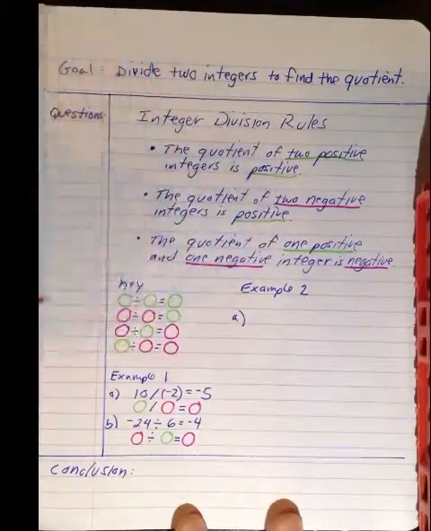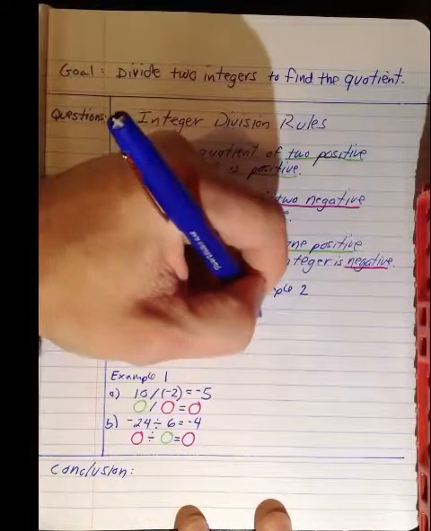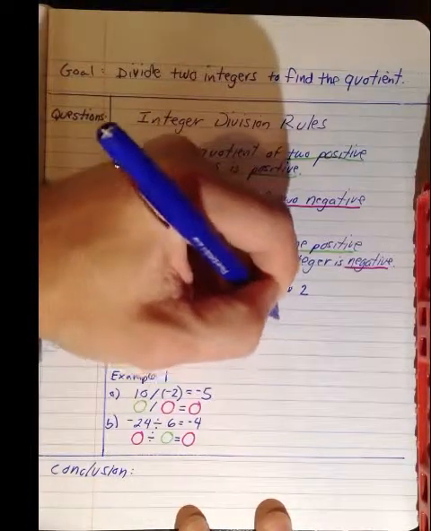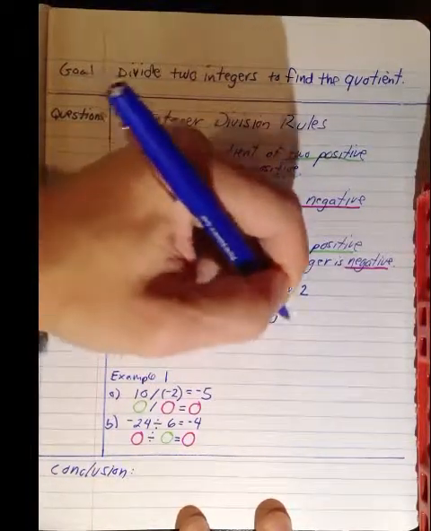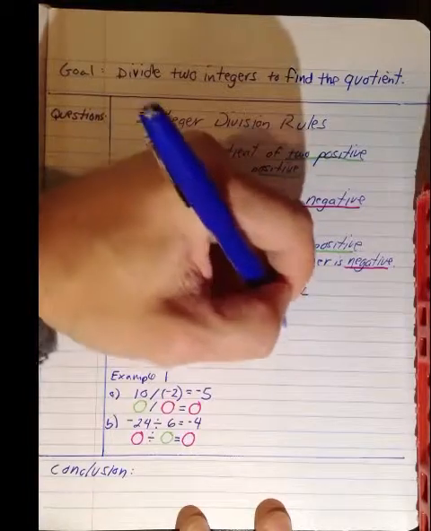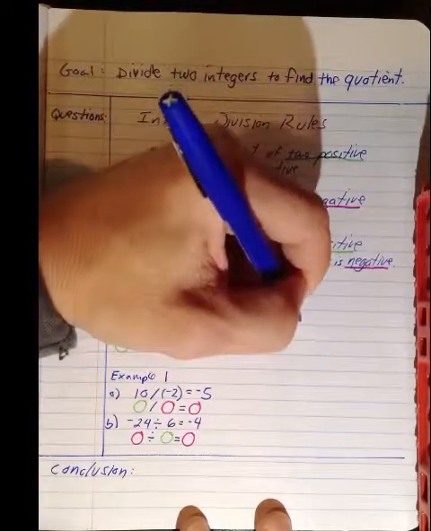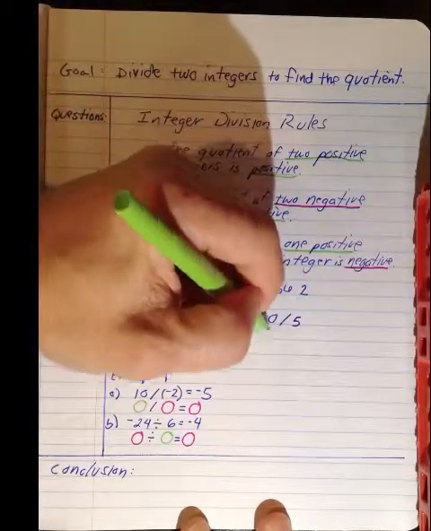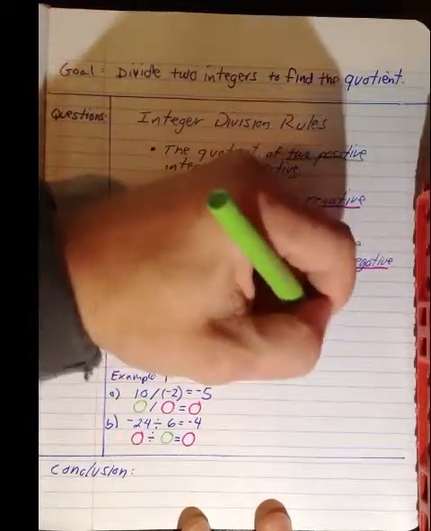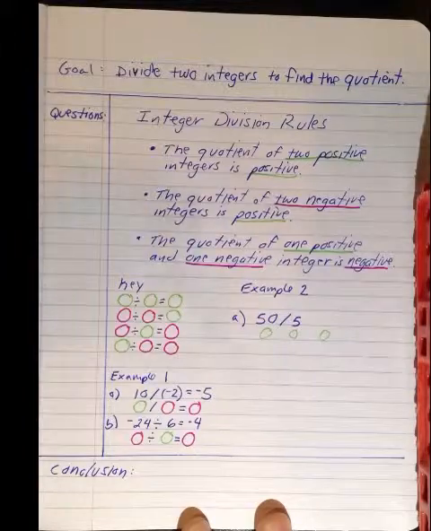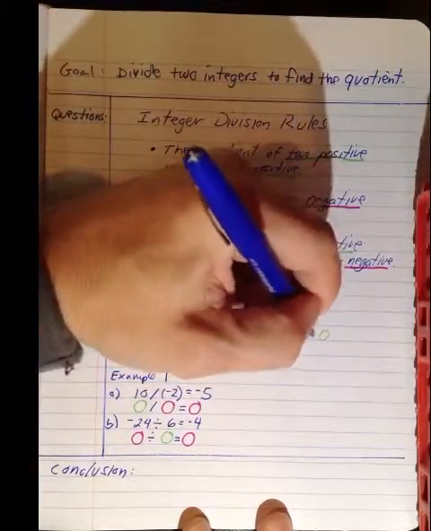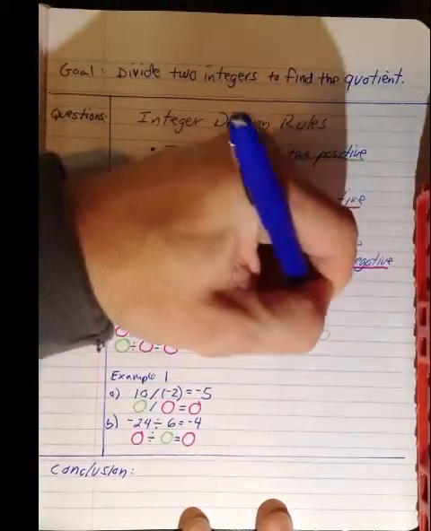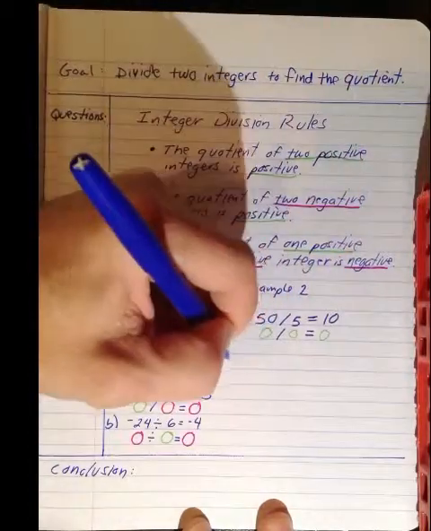Example 2a. 50 divided by 5, that's a positive divided by a positive. That will have a positive quotient. The answer to that is 10.